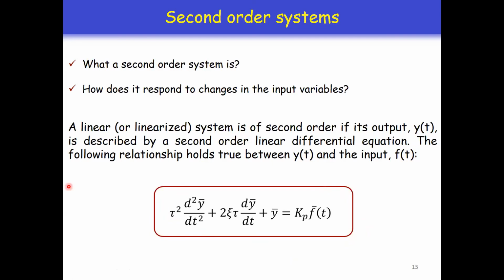So a linear or linearized system like this is second order when the output y and the input f are related by a linear second-order differential equation like this, where y is the output written in the deviation variable form, f is the input written in the deviation variable form, tau is a constant, and we will discuss this in a few seconds, xi is a constant, and Kp is a constant. Make sense? Yes.